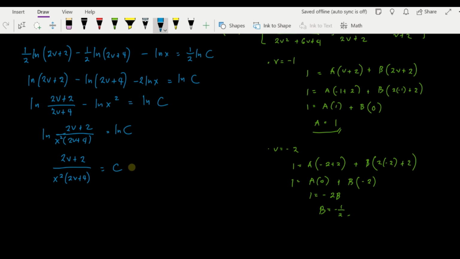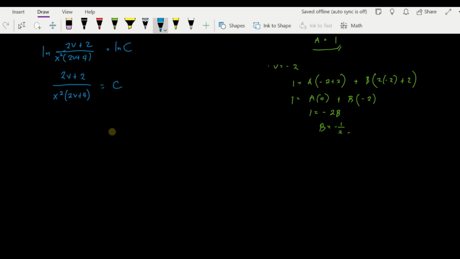Okay. So, and then, i-cross multiply lang natin. Ang mangyayari dyan, 2v plus 2 equals c times x squared times 2v plus 4.